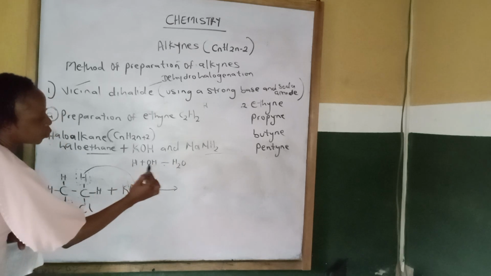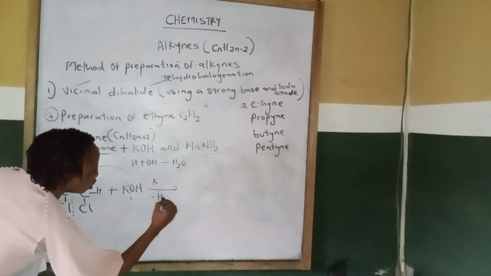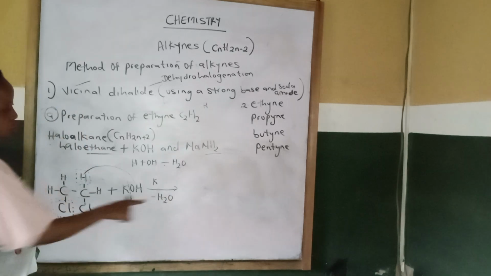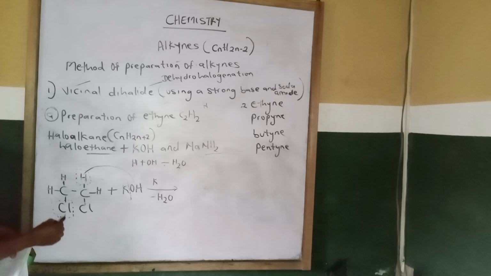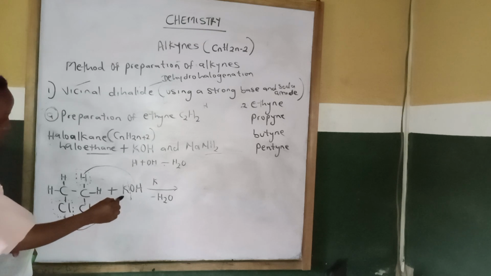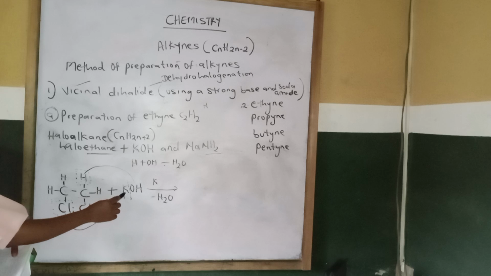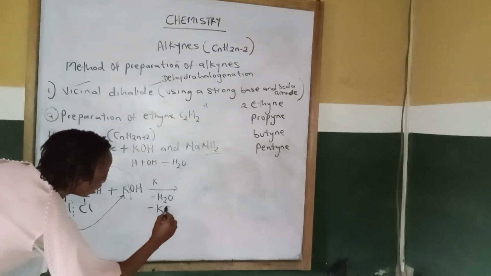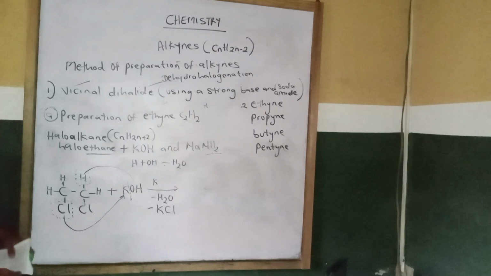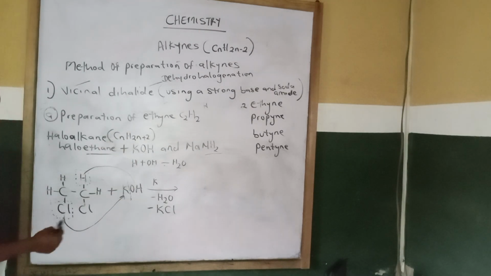That is 2 hydrogen plus 1 oxygen gives H2O. So we are removing 1 water molecule when KOH reacts with this. Then chlorine will also combine with K. Reaction between K and Cl will give KCl. So there will be removal of KCl from this structure.